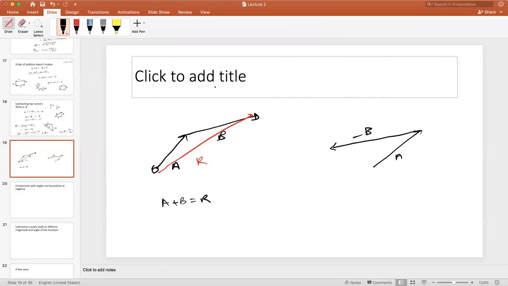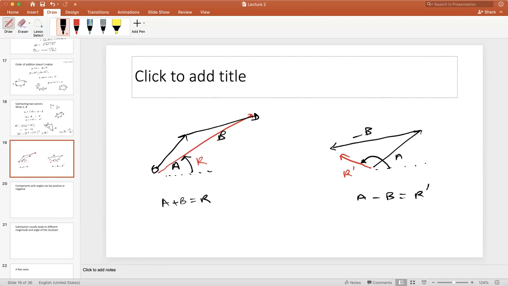And now my R prime, in fact, this is exactly what you're going to do in lab, let me call it R prime. And so now you see that A minus B is R prime. And you can tell from this picture that R and R prime have different magnitudes. They have completely different angles from the x-axis in these cases.